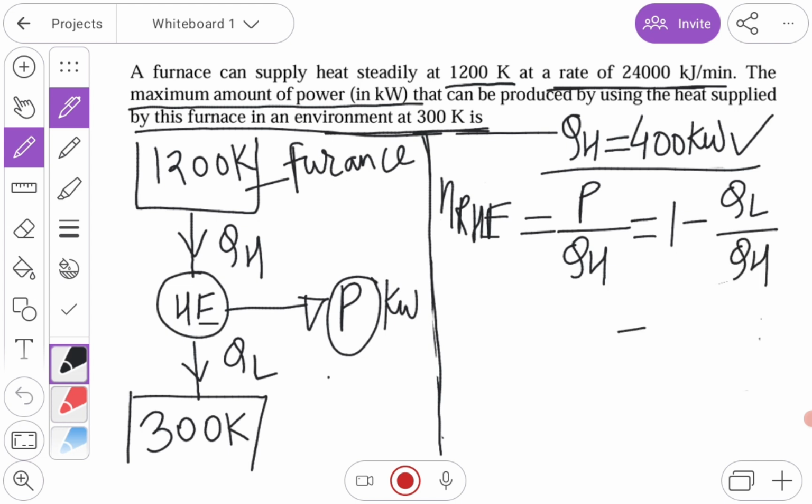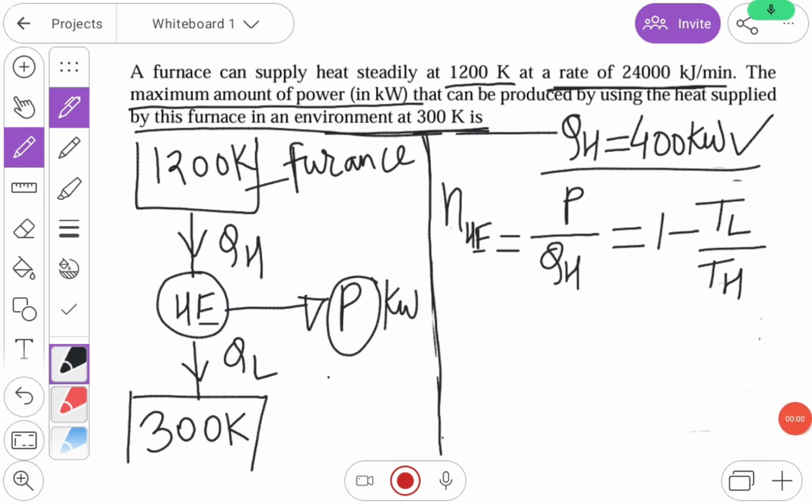This 1 minus QL by QH can also be written as 1 minus TL by TH, because it is a reversible engine. So the efficiency of reversible heat engine is power output divided by the heat input, which is also equal to 1 minus TL by TH.